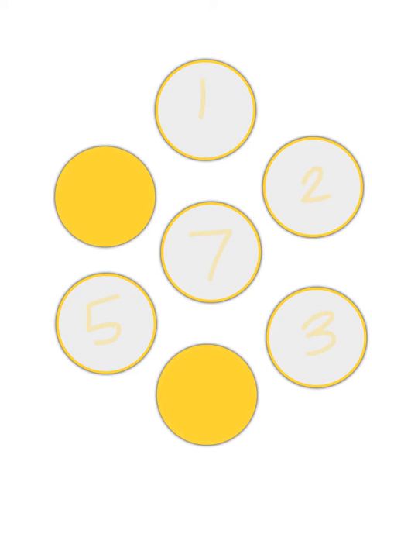So we have 7 total circles in this set. I'm going to write that as my denominator. How many of those circles are shaded? 2 of the 7 circles in this set are shaded. So 2/7 of the set is shaded.